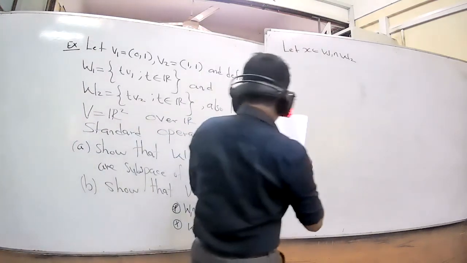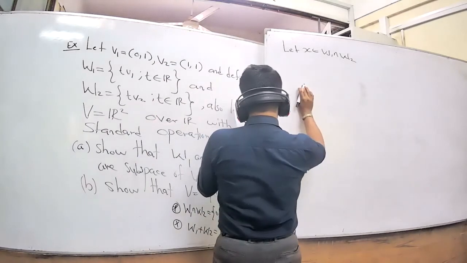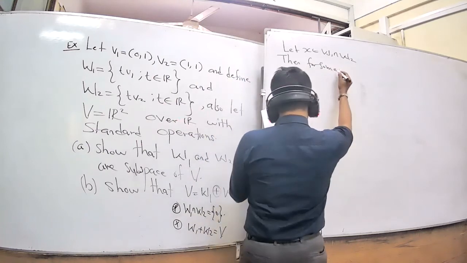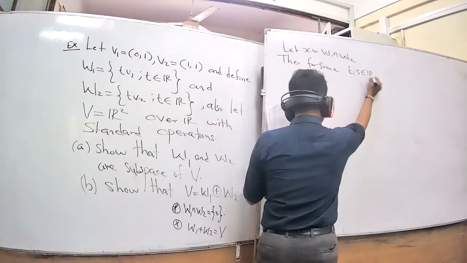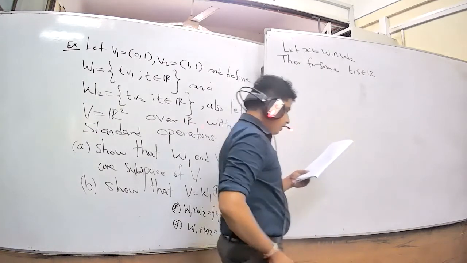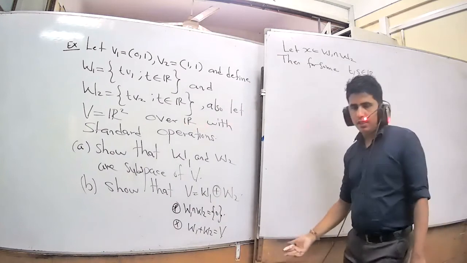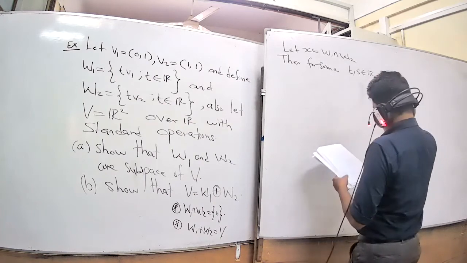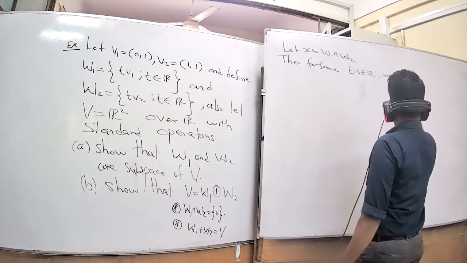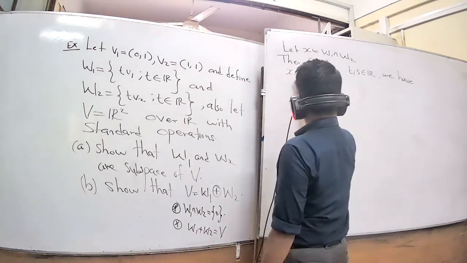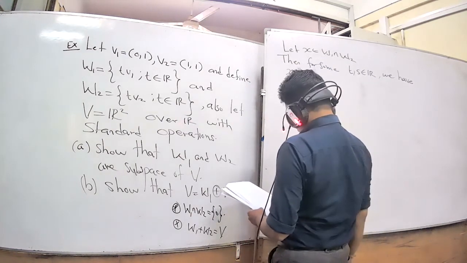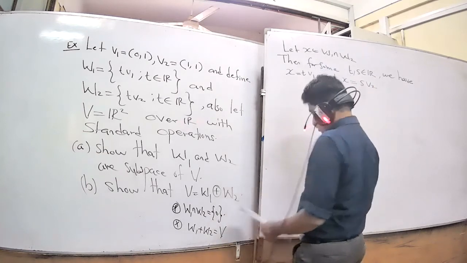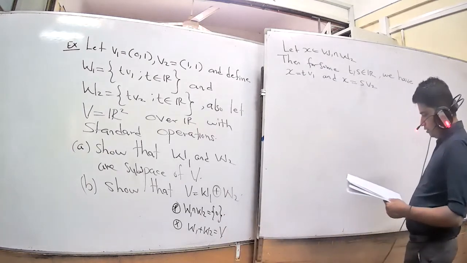So x belongs to W1 intersection W2 means for some t comma s belonging to real, because x belongs to W1 and x belongs to W2, we have x equals t times v1, and similarly x equals s times v2.